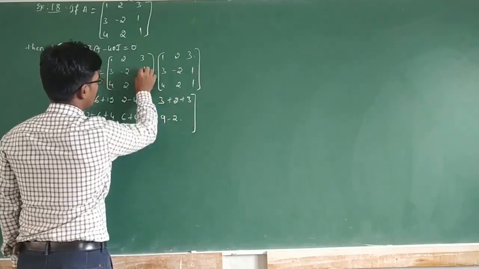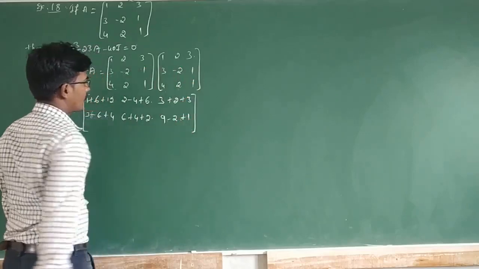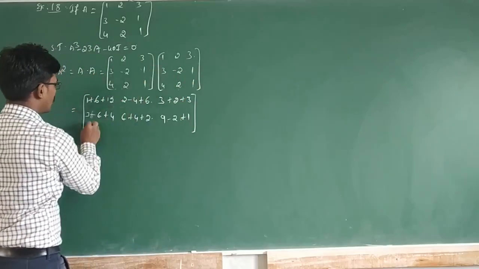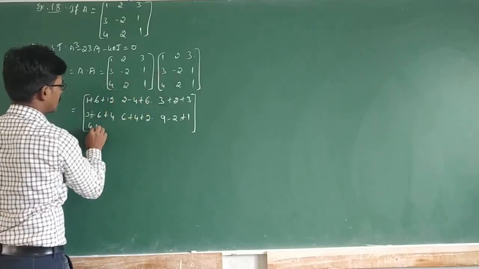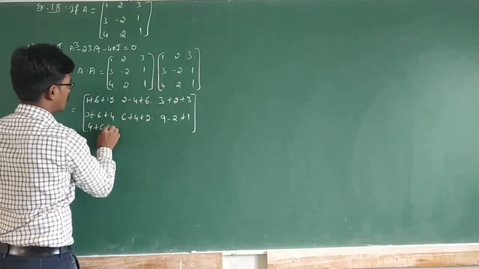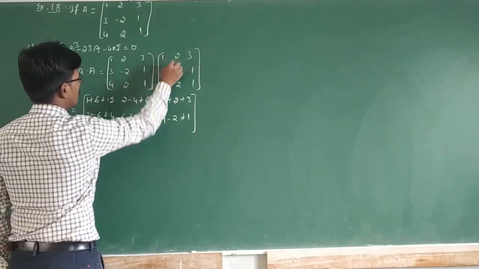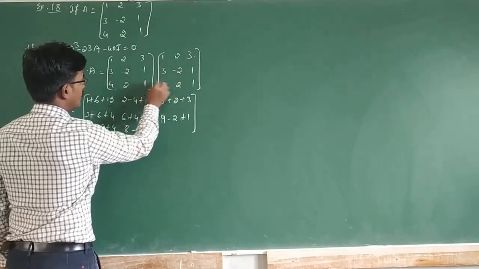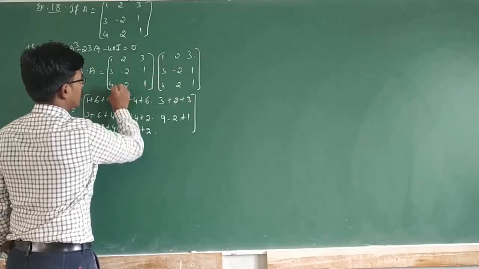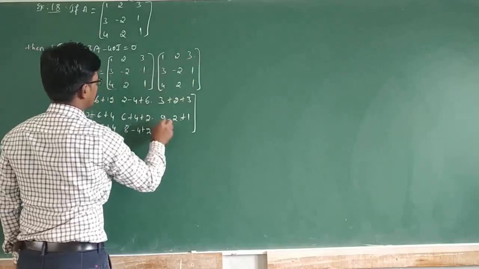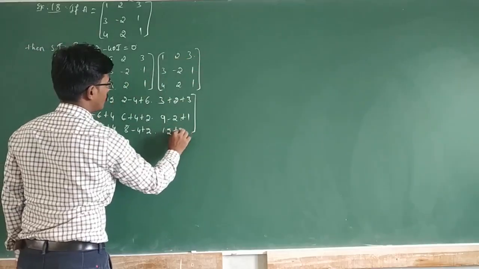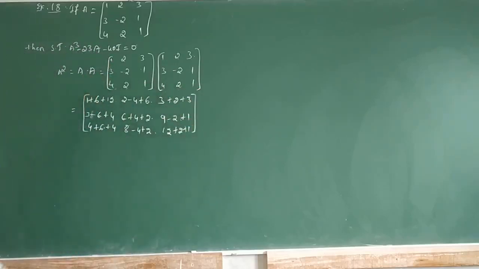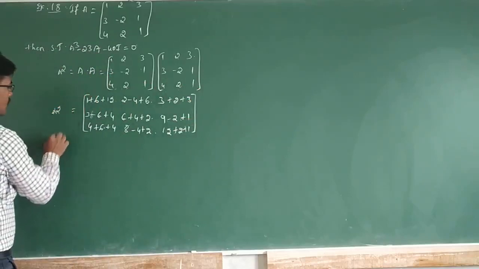First row completed, next the third row. 4 into 1 is 4, 2 into 3 is 6, 1 into 4 is 4. Next 4 into 2 is 8, 2 into minus 2 is minus 4, 1 into 2 is 2. Next 4 into 3 is 12, 2 into 1 is 2, plus 1 into 1 is 1. Multiplication completed, now add.